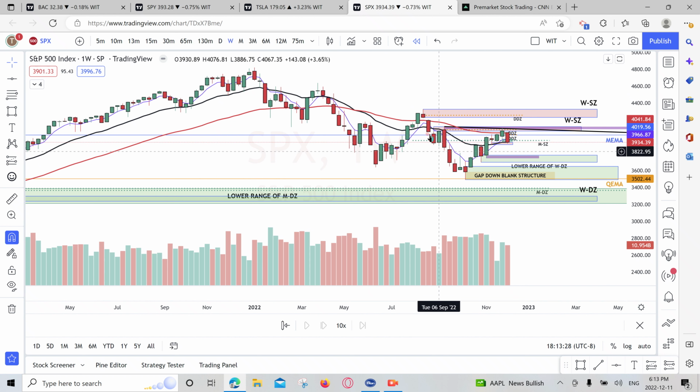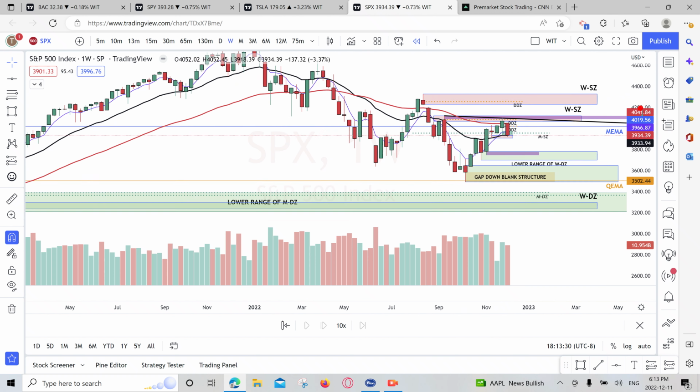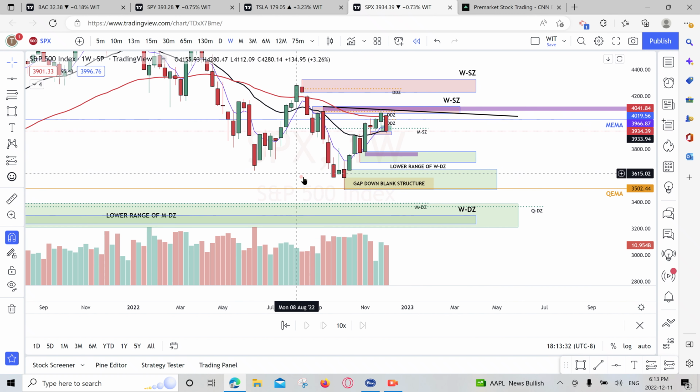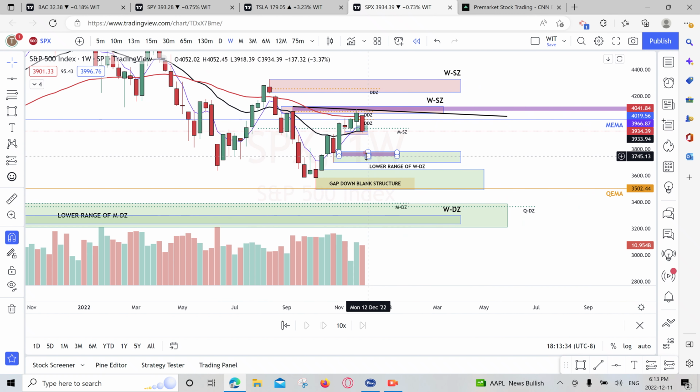The only weekly demand zone, which is not that great to be honest, is called rally base rally. And then there is another proper demand zone, the origin of this move.